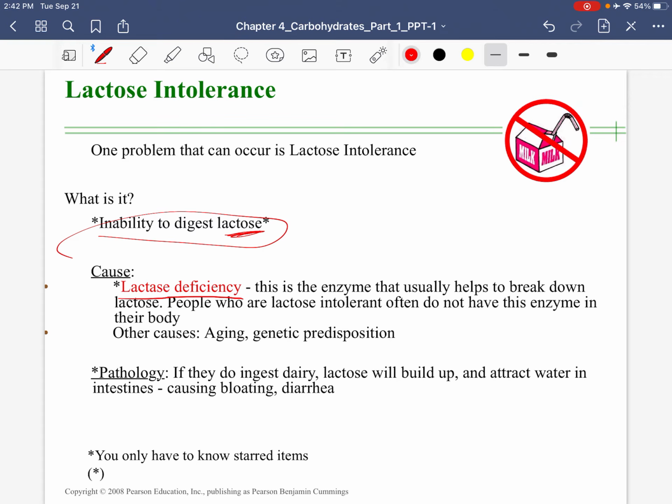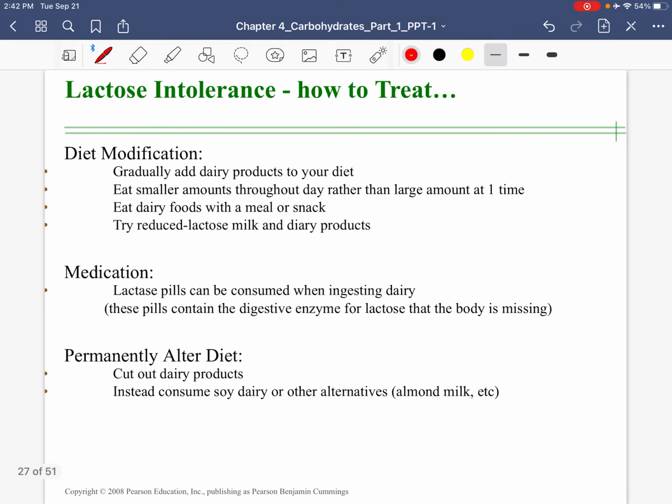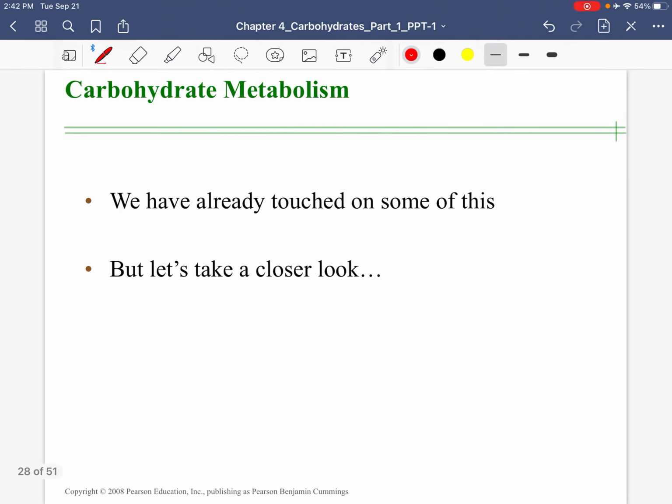So the inability to digest the disaccharide comes from not having enough of the enzyme. Remember, anytime a word ends in ASE, it's an enzyme. Okay? So if you don't have enough enzymes, well, how on earth are you going to break down that lactose? Here are some examples of how you can treat lactose intolerance, but I will not ask you this on a quiz or exam.